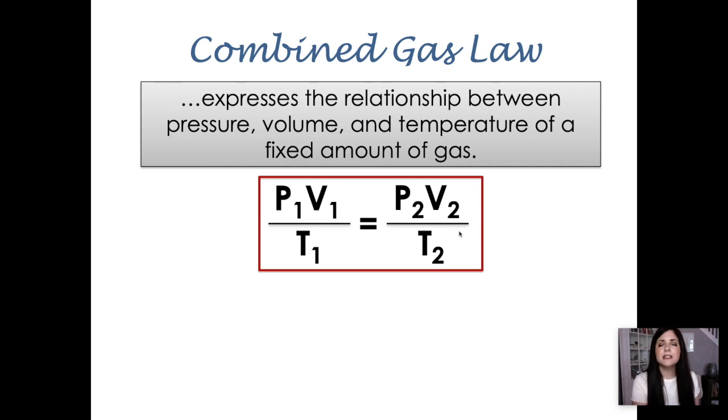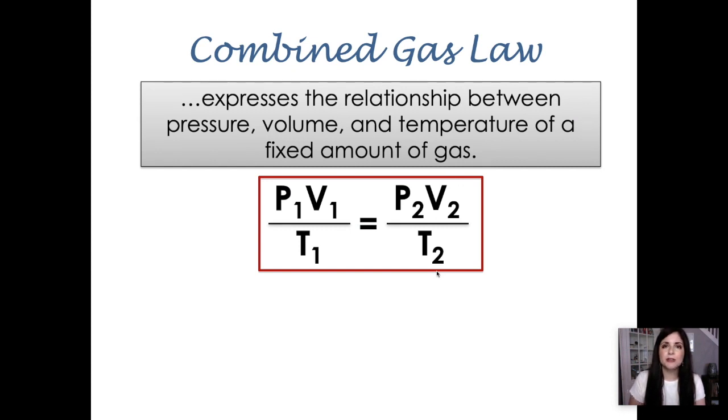The combined gas law really works for everything because if you think about, let's say, Boyle's law, if temperature is constant, so let's say you have some system where the pressure and volume is changing, but the temperature stays the same. If temperature, let's say, is 298 Kelvin on the bottom of both sides of the equation, they're going to cancel out anyway.